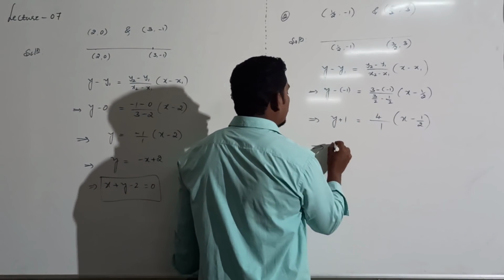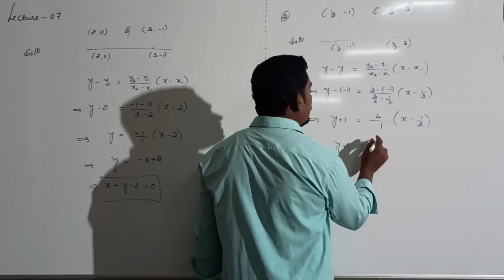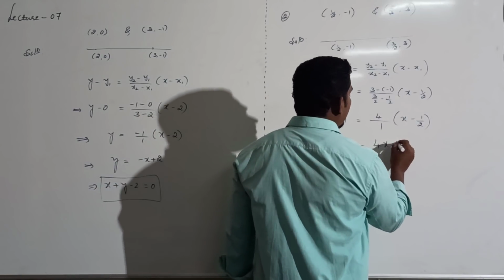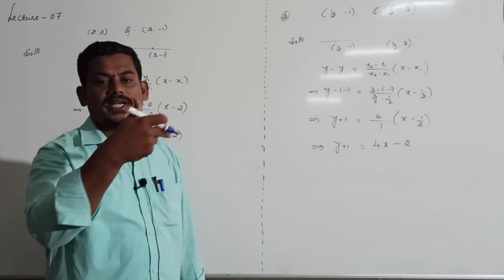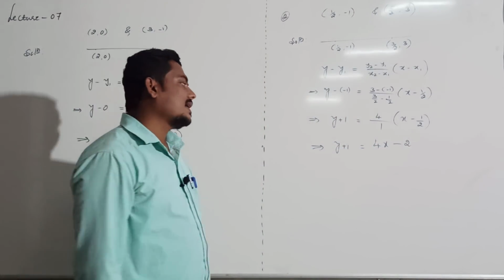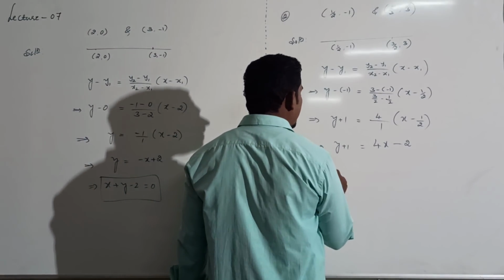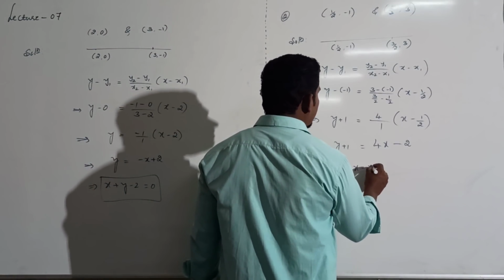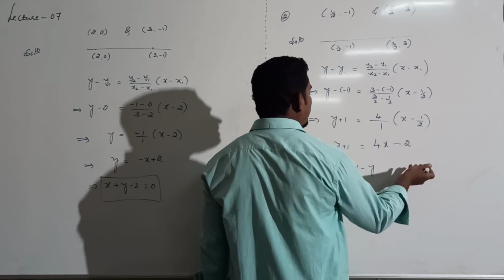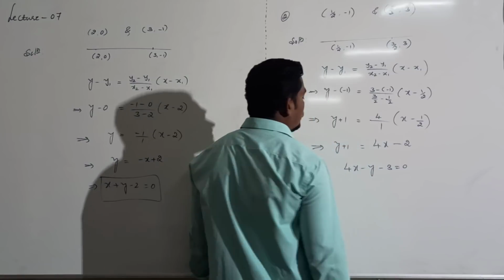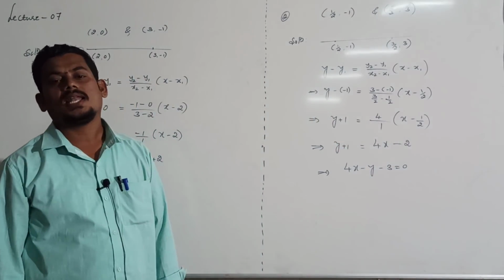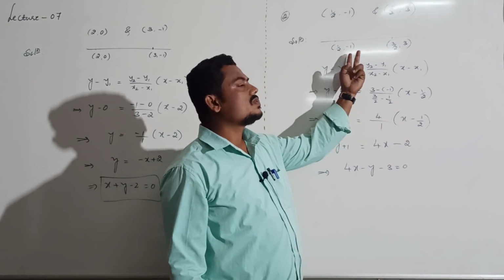After that, y plus 1 is equal to 4x minus 2, because 4 into 1 by 2 is 2. Then just rearrangement: 4x minus y, send it to the RHS, it will be minus 3 equal to 0. This is the equation of the line passing through these 2 points.